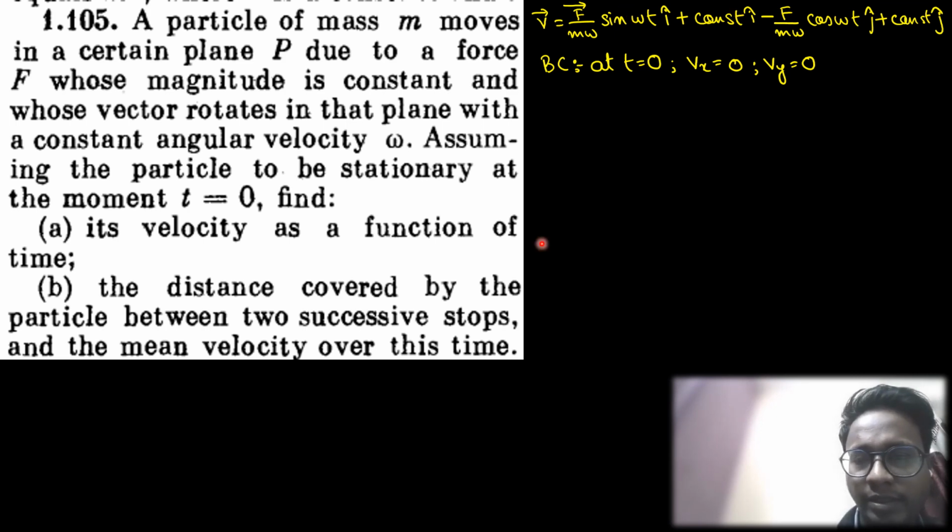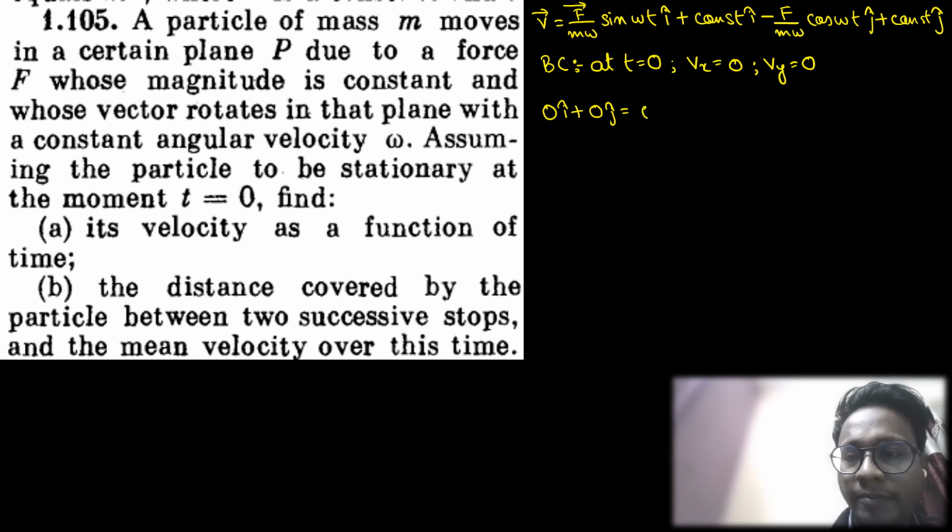So v, or vx, is equal to 0i plus 0j. That is, v equals 0, equals f sin omega t. If you put t equals 0, this entire term becomes 0.